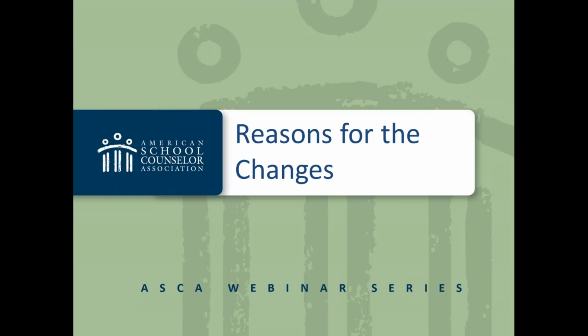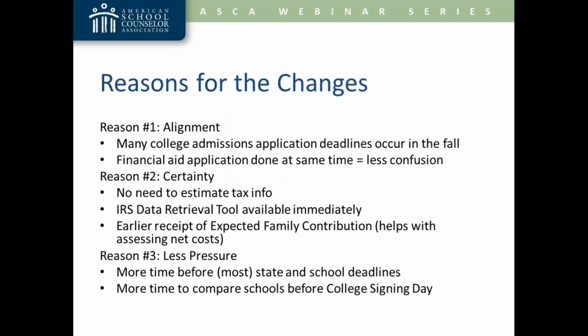So before we jump into the FAQs, let's talk about the reasons for the changes. Why did we do this? Why do we make these changes? Briefly, many college applications for admissions are due in the fall.